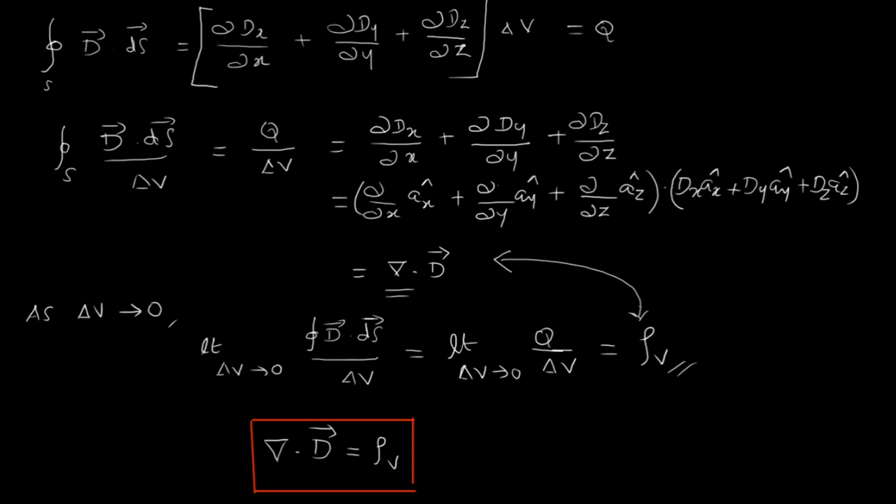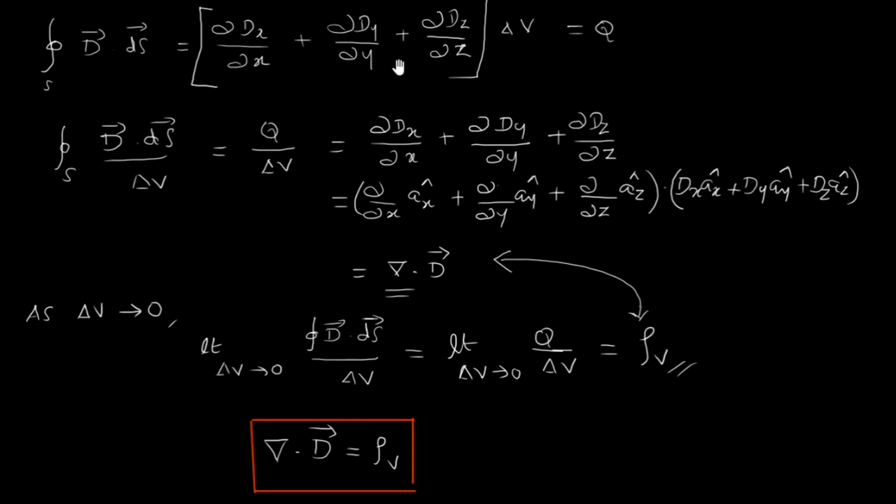I'll repeat, the flux per unit volume, in a sense diverging. So del is the del operator, D diverging from a small volume is equal to rho v, that is the volume charge density.